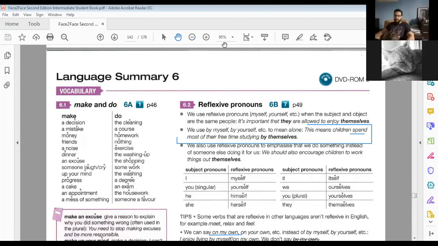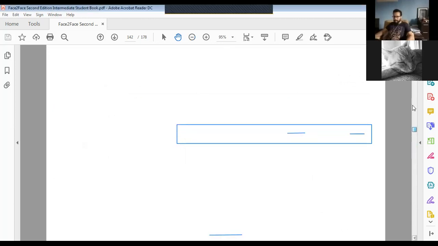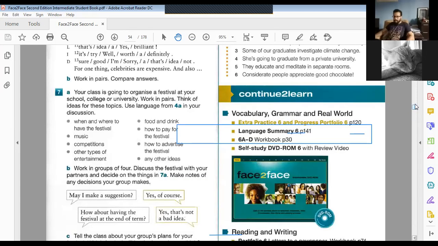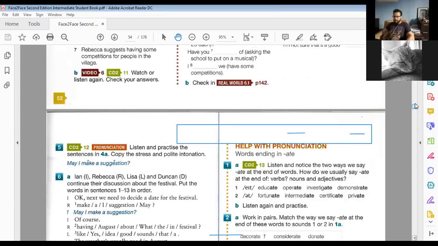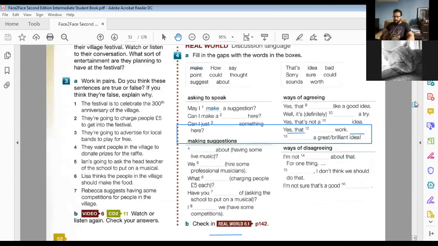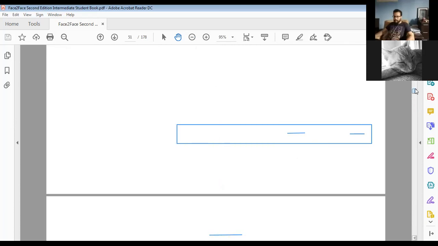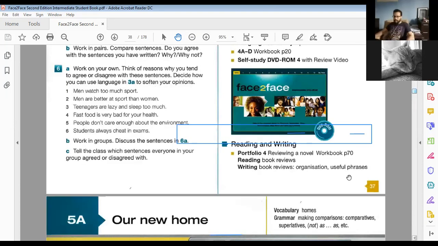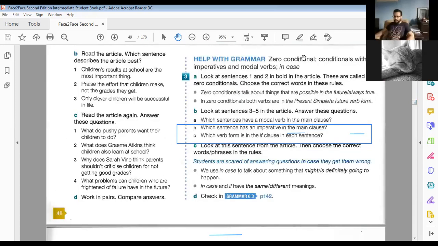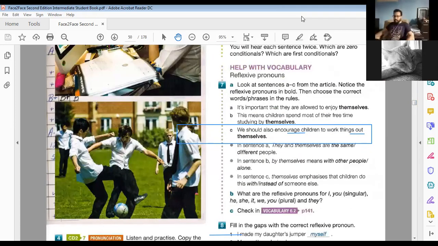Okay. So let's go back. All right. So we talked a little bit about reflexive pronouns.